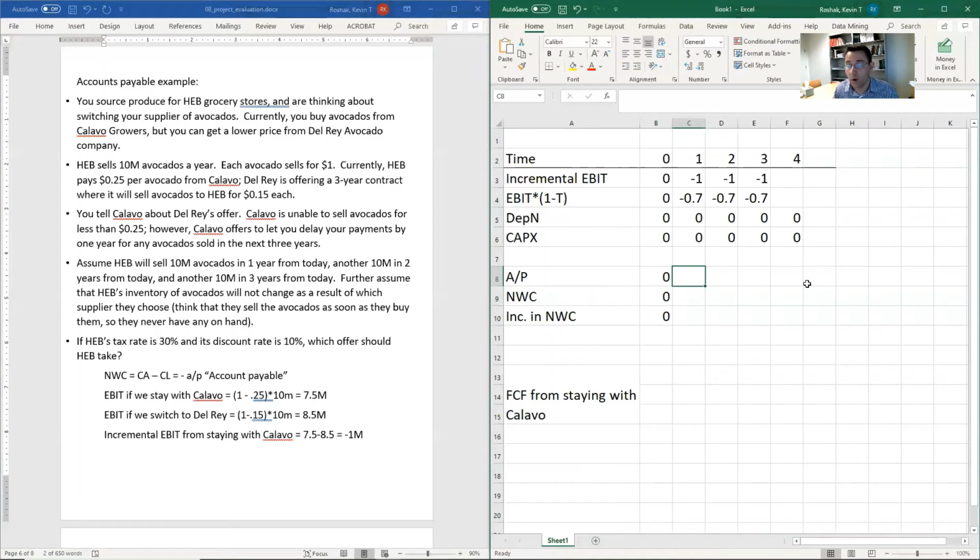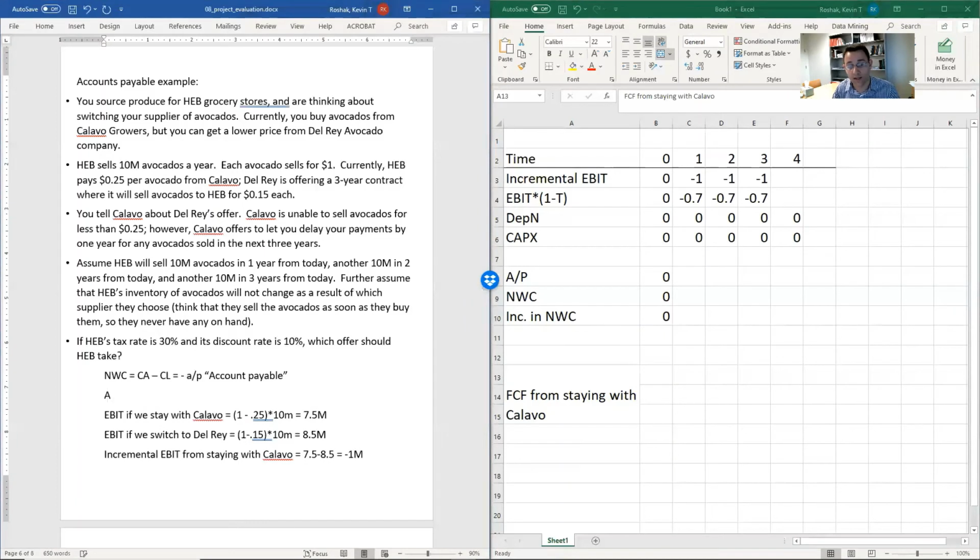What happens at time 1? Now we bought avocados. If we stay with Calavo, we can buy the avocados from them without paying them at time 1. So what happens at time 1 to our accounts payable?